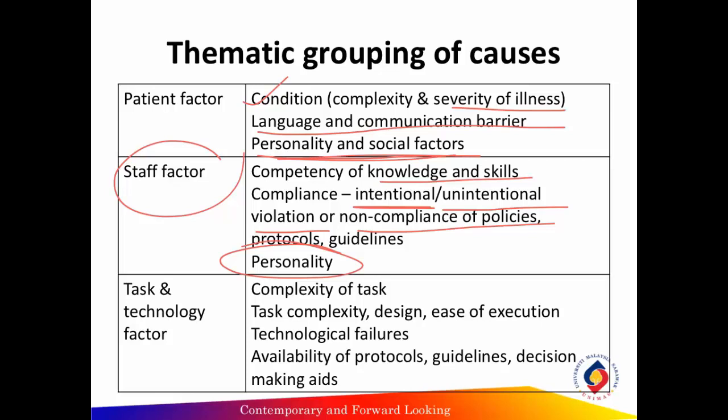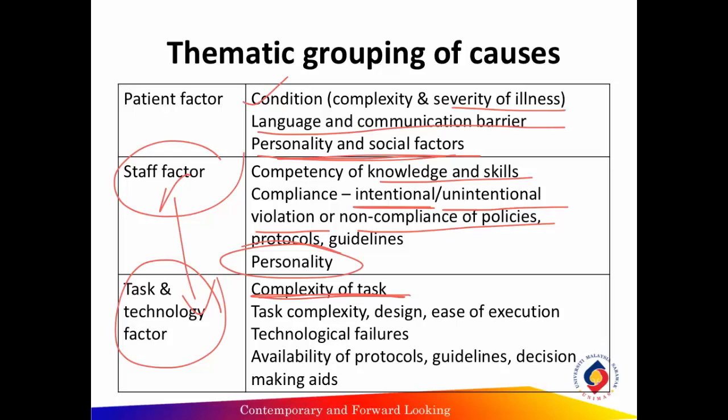Third group of factors is the task or technology factors. This includes the complexity of the task and whether the staff is equipped or skilled enough to handle or to perform the task.